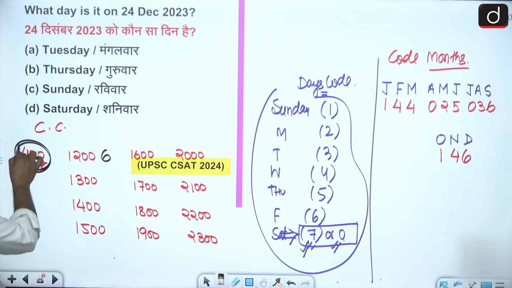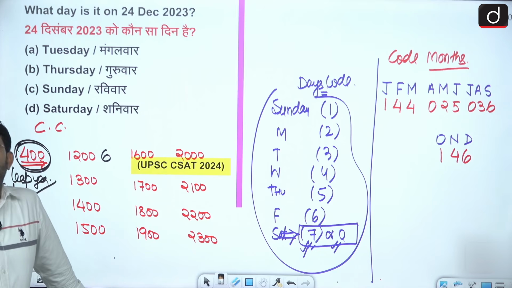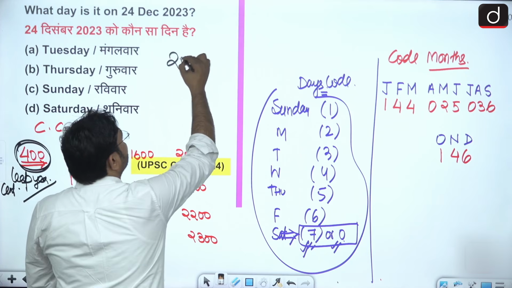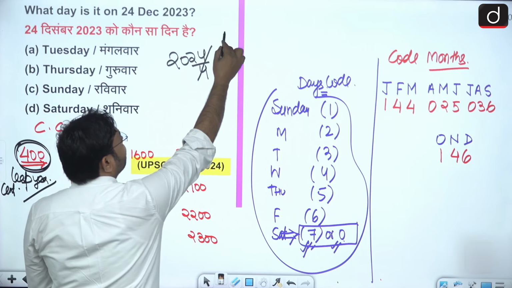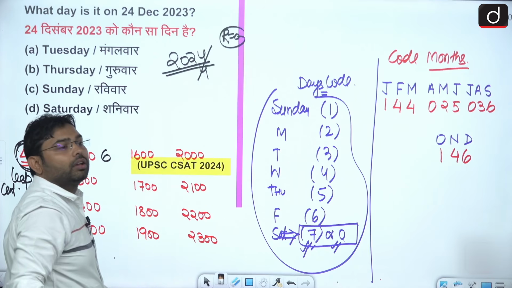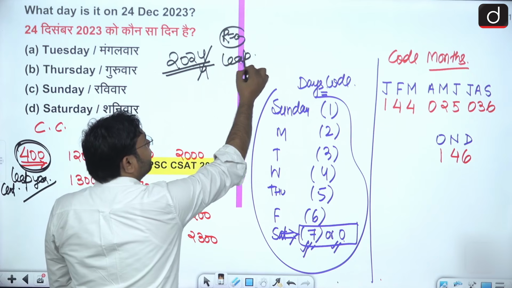400 is a leap year, or you can say a century leap year. A leap year is one in which you have 366 days, Feb has 29 days. So if you divide a number, like 2024 is a year, 24 is divided by 4, then you will have remainder 0, or you can say 2024 is divisible by 4. If it is divisible by 4, then you will say it is a leap year.